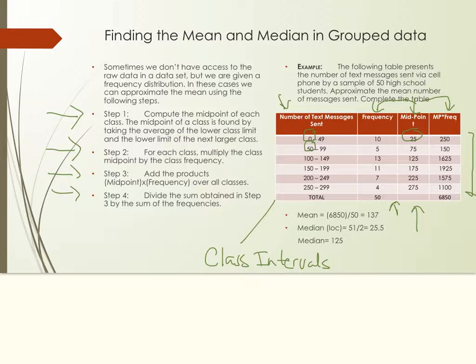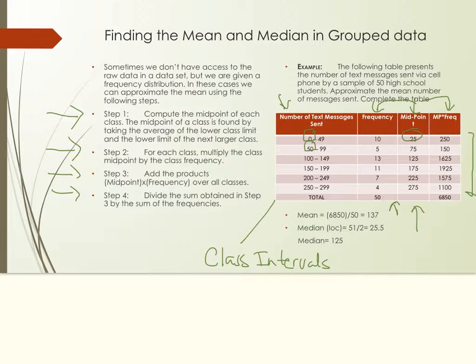Then we calculated the midpoint. And the midpoint, as we've said before, is we take the lower values of the class intervals to find the midpoint. So in the first case, we took 50 plus 0, which is 50, divided by 2 is 25, so that's the first one.